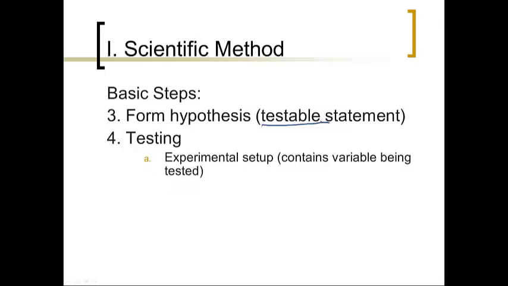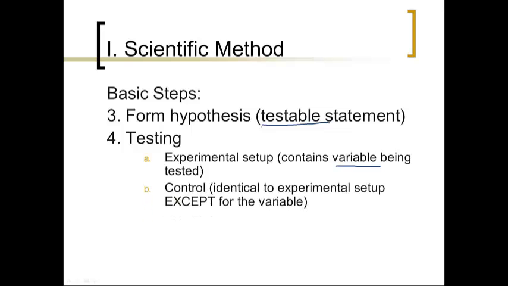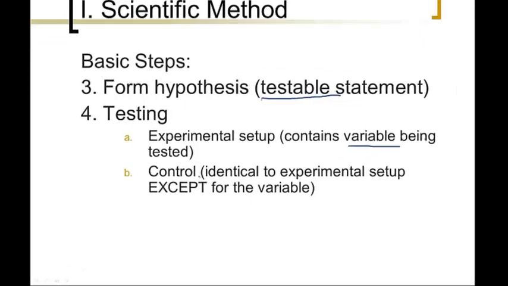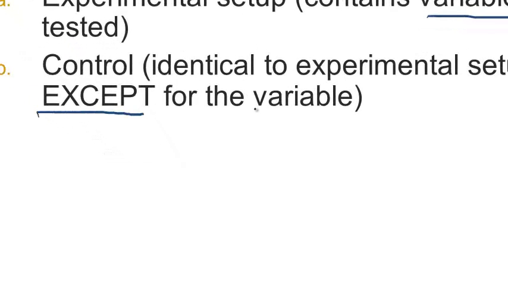Okay. Now, whenever you set up an experiment, you should always have two parts to your experiment. One part is called the experimental setup. And this contains the thing that you are trying to test. This contains your variable. The second part to your experiment should be the control. Okay. The control should be identical to your experimental setup, except that it does not have the variable in it.